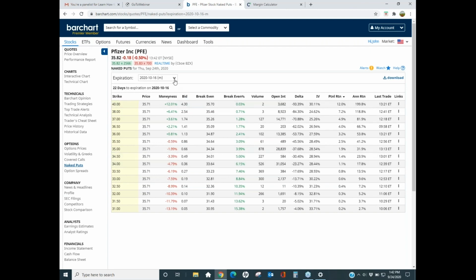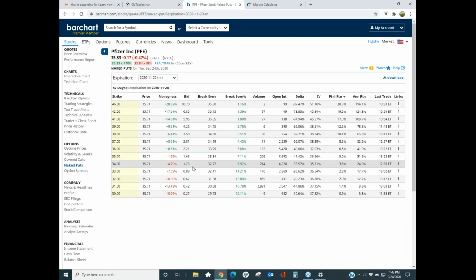But if I gave Pfizer a little bit more time, let's say into November, now I'm picking up $1.23 on a $34 strike, and my return is 3.8%, which is kind of nice. I like that as a trade.